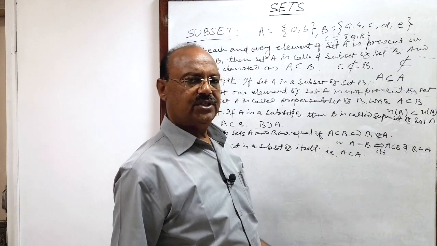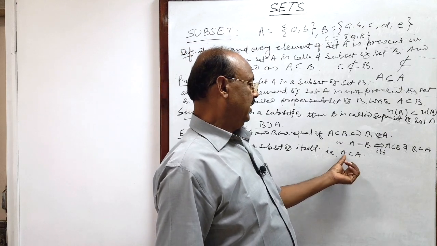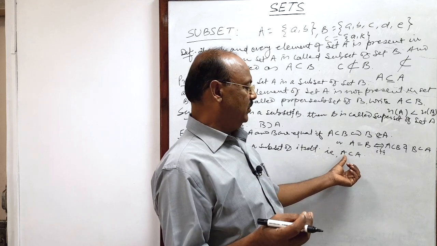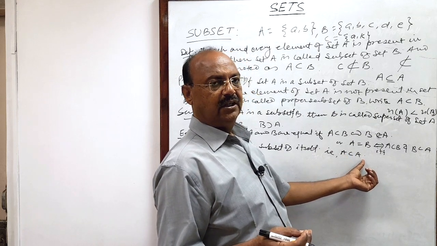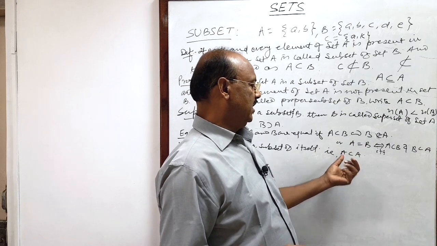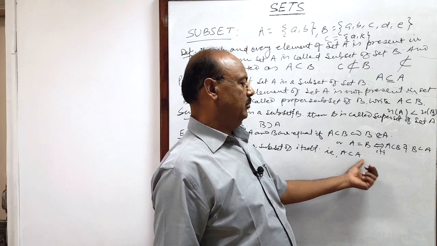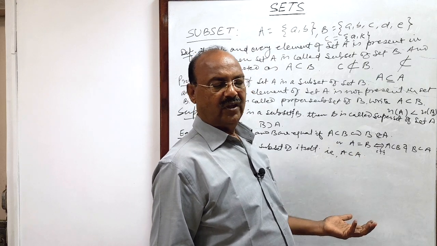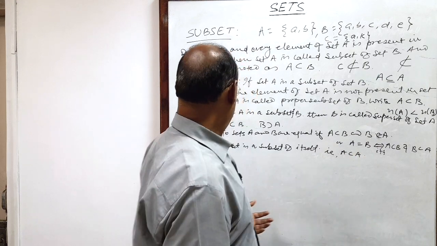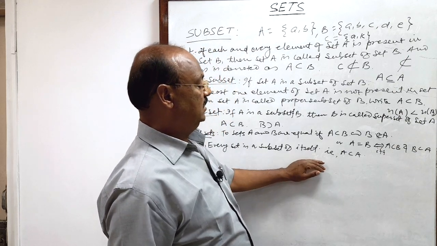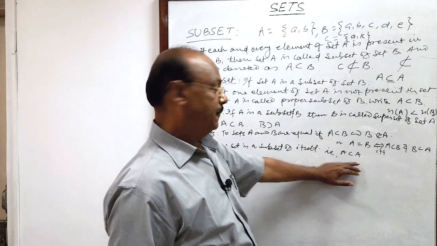So there is no question that A consists of an element which is not available in this set. Means all the elements contained in this set A are also available in this set A, because both the sets A are same, isn't it? So here we can make a conclusion that every set is a subset of itself.